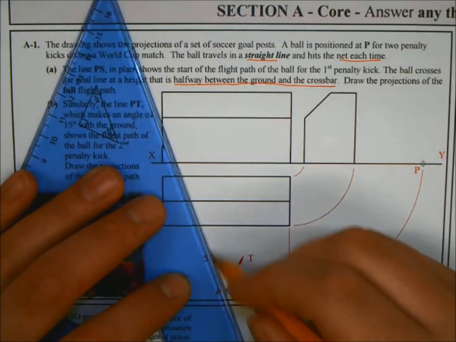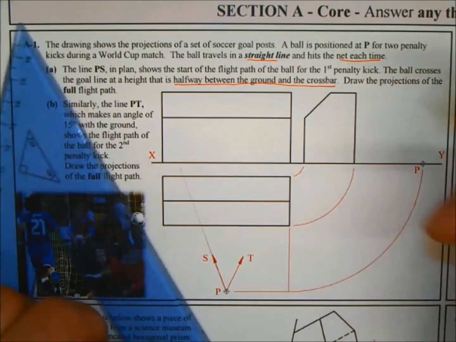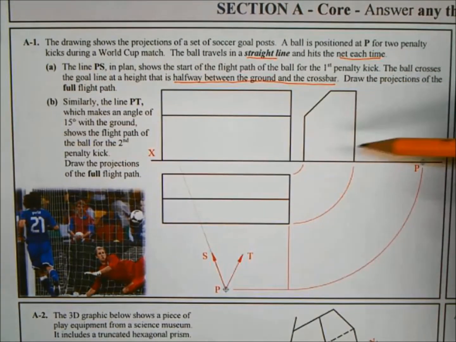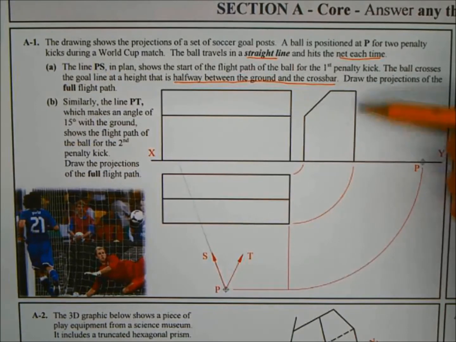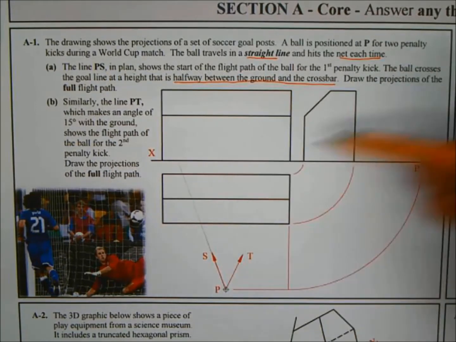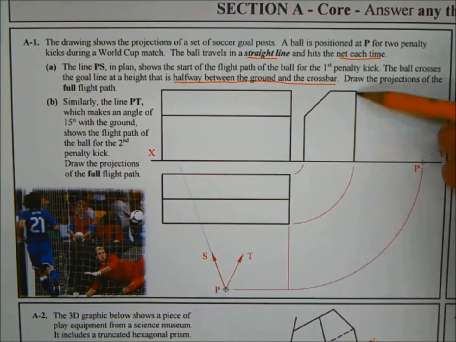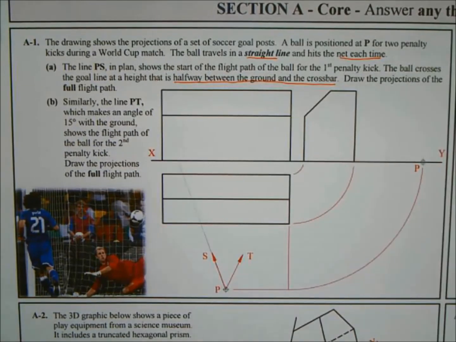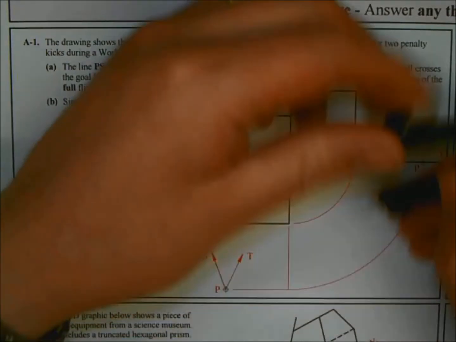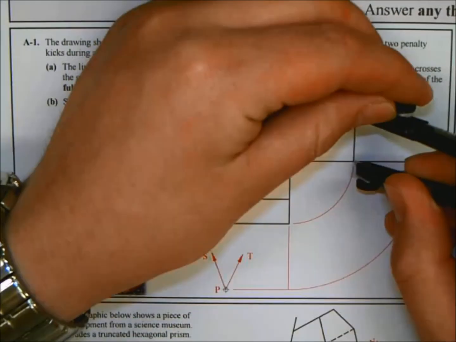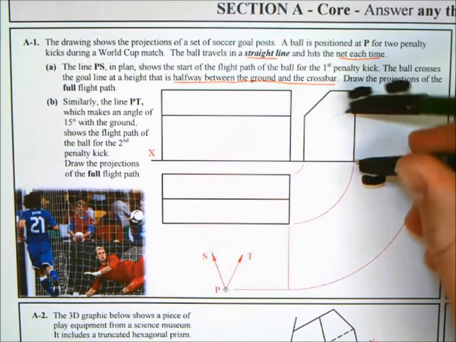Now, it crossed the goal line, which you can see here in the end view, halfway between the ground and the top of the crossbar. So bisect that height to find halfway.